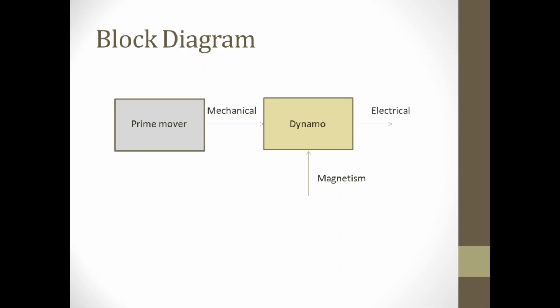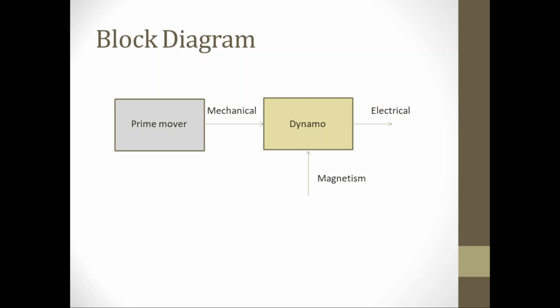According to Michael Faraday, when a conductor is moved across a magnetic line of force, and the conductor cuts the magnetic lines of force, the conductor will be able to produce or induce voltage.